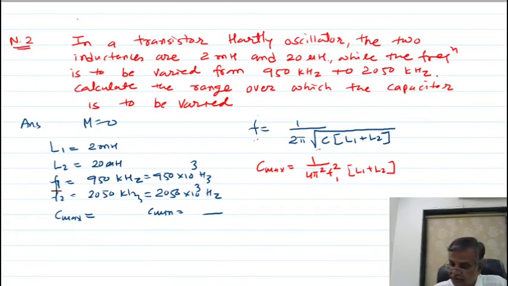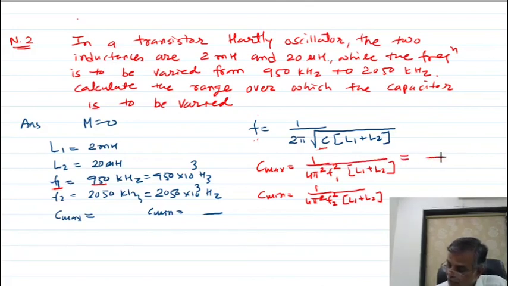F is proportional to 1 upon C, you can see here. Now C minimum is 1 upon 4 pi square F2 square into (L1 plus L2).